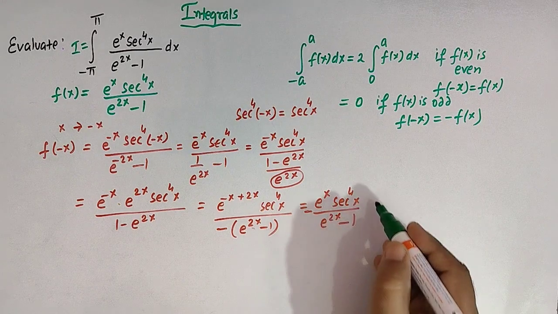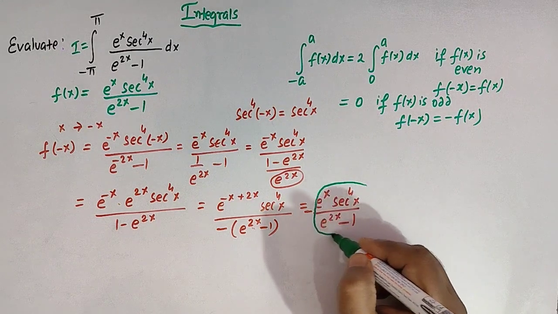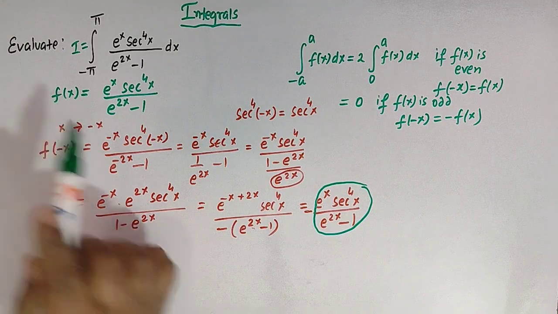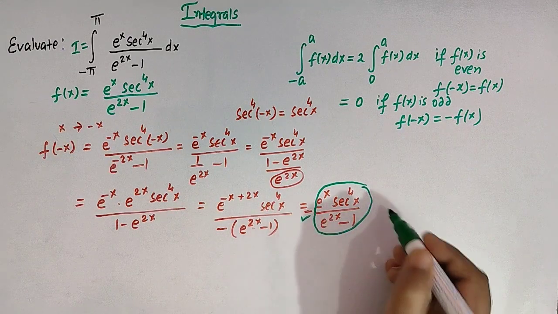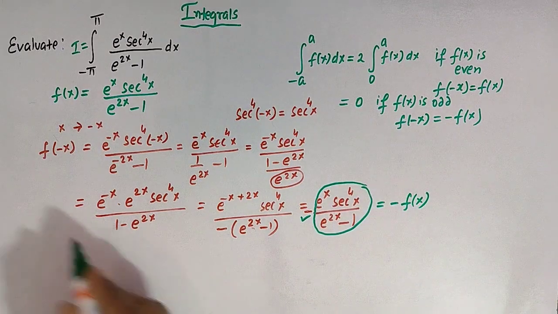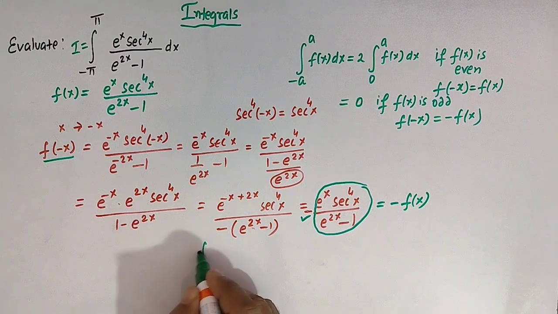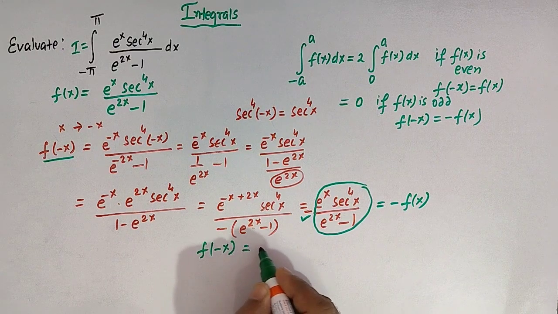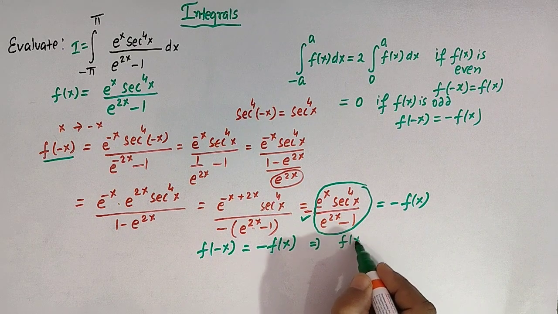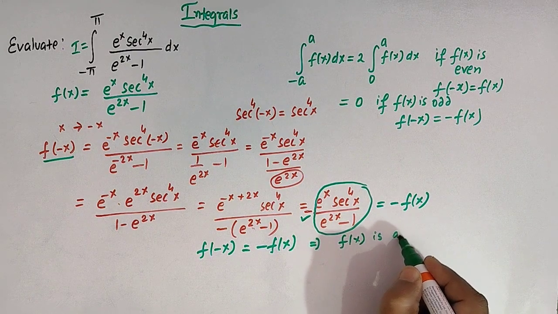Now we see that this function is our original function, that is f of x, with a negative sign, so this is minus f of x. So we have obtained that f of minus x is equal to negative of f of x, which implies that f of x is an odd function.